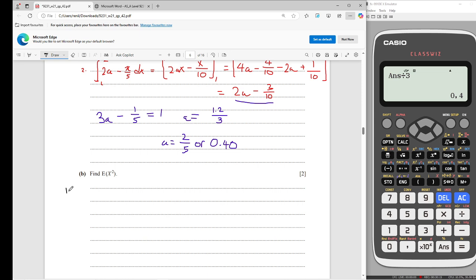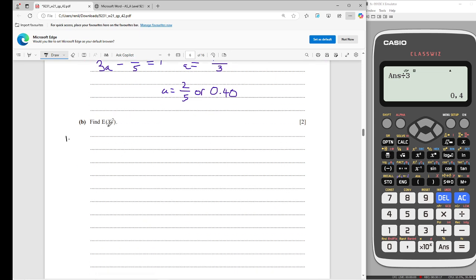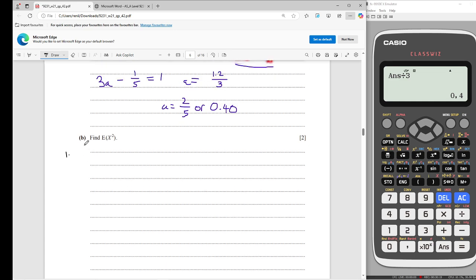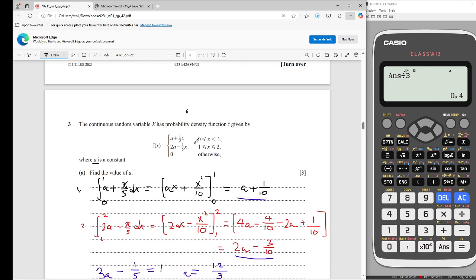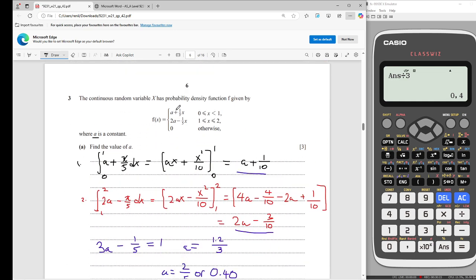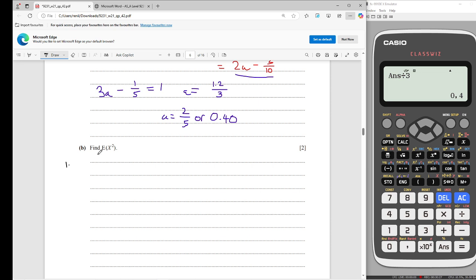Find E of X squared. So we need to multiply x squared with all our integrals. Over here we have a plus 1 by 5x, since a is 2. Let's just have an integral here with limits 0 to 1, as obvious.